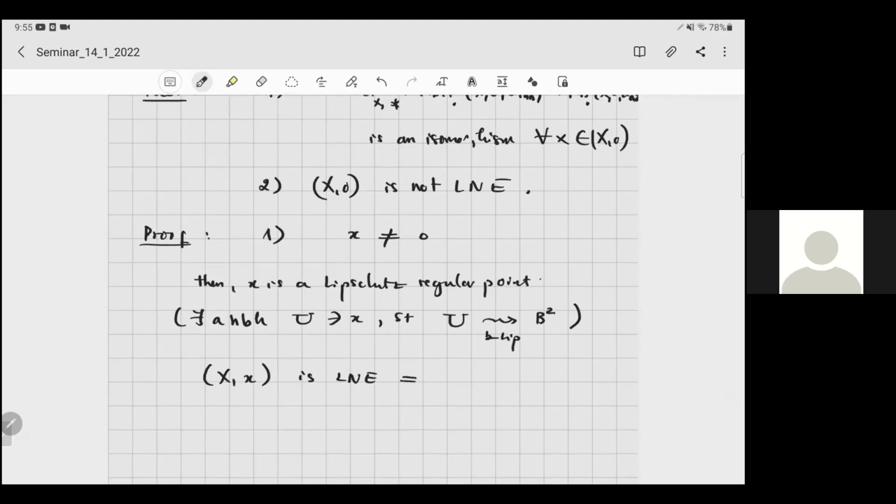So this implies that, of course, the induced homomorphism is an isomorphism.